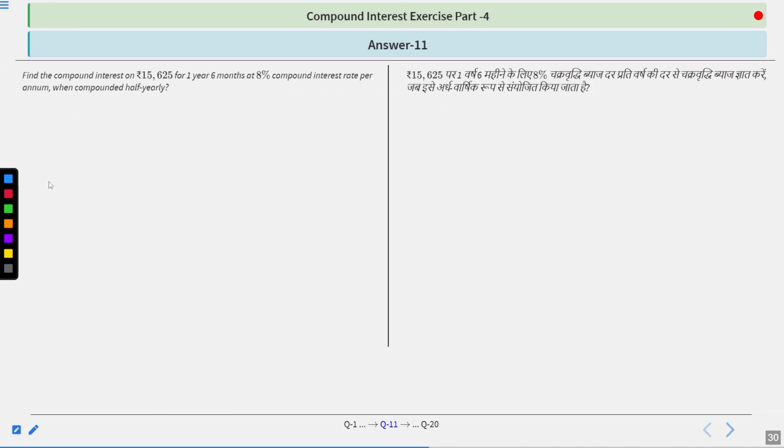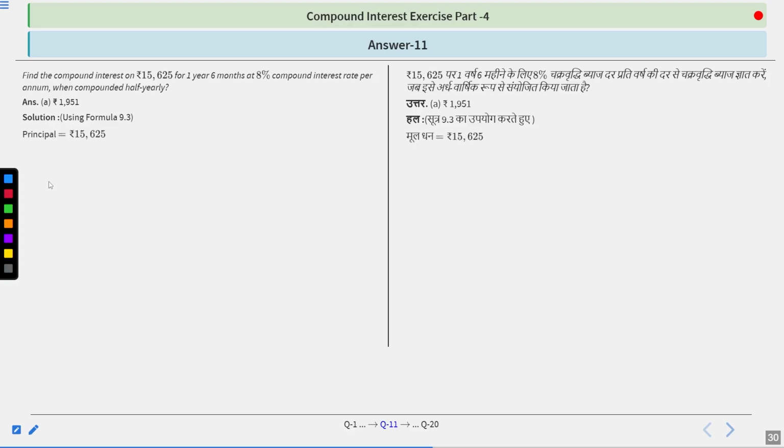So we have to find the compound interest. Principal is given rupees 15,625. Time period is 1 year and 6 months, and rate of interest is 8%. But here the interest is compounded half yearly. The answer to this question is option A, rupees 1951, and we are using formula 9.1, 9.3 to solve this question.